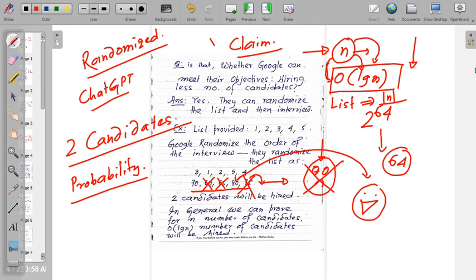How can we prove this? For this, we need probability. We'll have a little bit of a recap on the probabilistic aspect, and then we'll go for this.